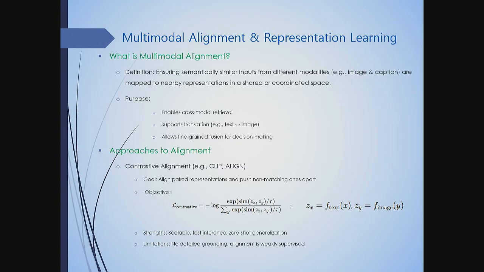You expect it, first of all, to understand the image and maybe answer in English, but above that, it can still do it in another language. So it mixes a lot of things inside, and there's some kind of cross-modal retrieval. I can move from text to image to another language, and so on. It supports translation, and it also allows fine-grained decision-making processes.